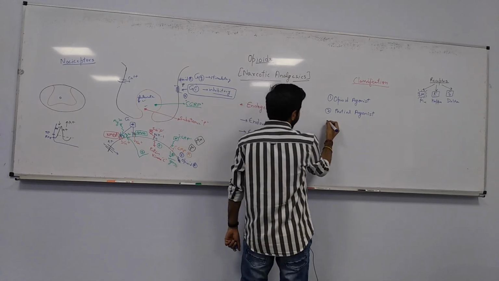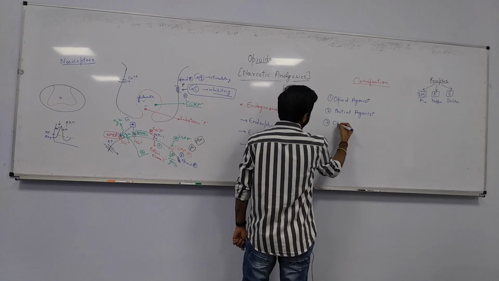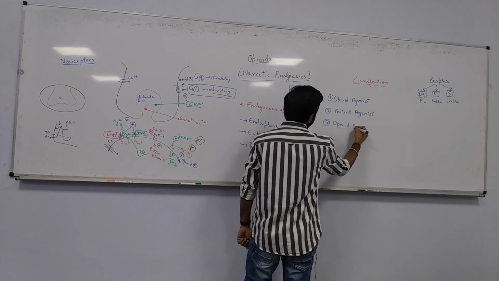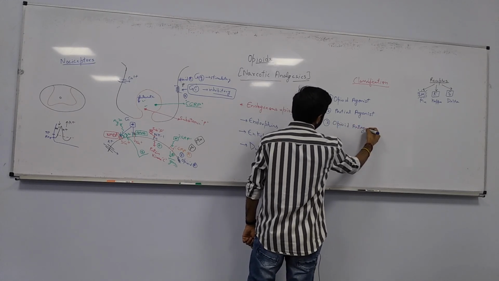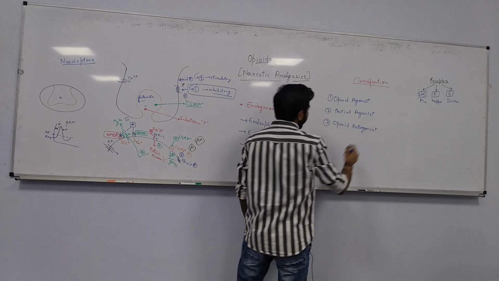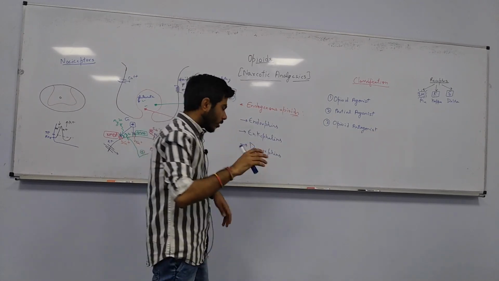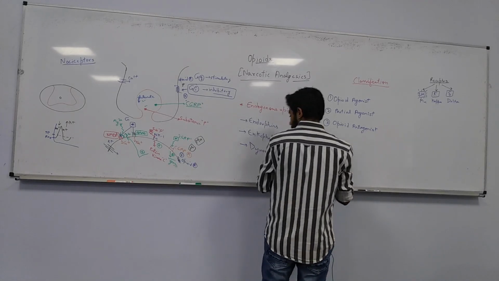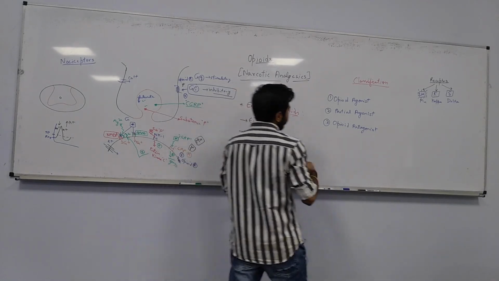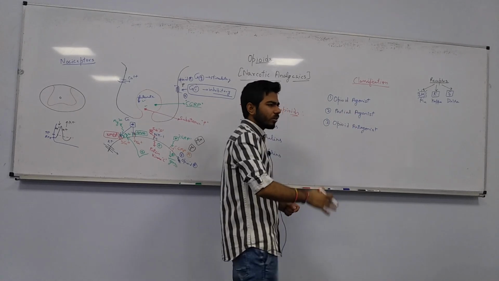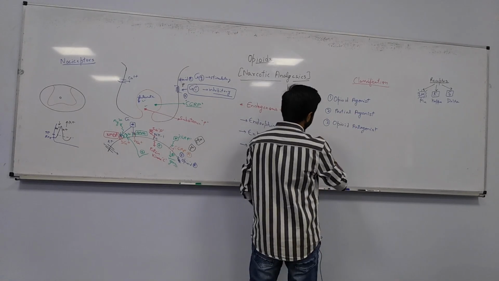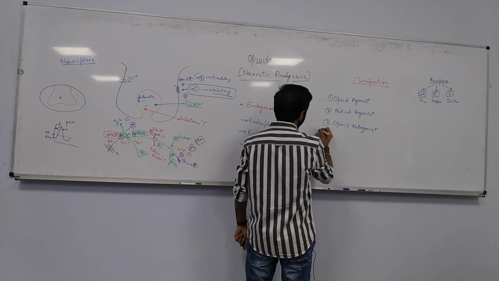And third one, we are having the opioid antagonist. So opioid agonist, partial agonist, and opioid antagonist. Now in the opioid agonist, we are having several classes.